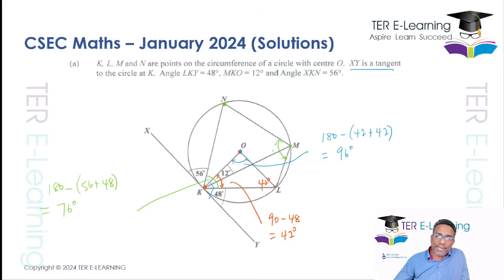So therefore, I can work out this angle here now. Opposite angles in a cyclic quadrilateral are supplementary, meaning that they add up to 180. So therefore, angle LMN is simply going to be 180 degrees minus 76, and you're going to get 104 degrees. So that's angle LMN.